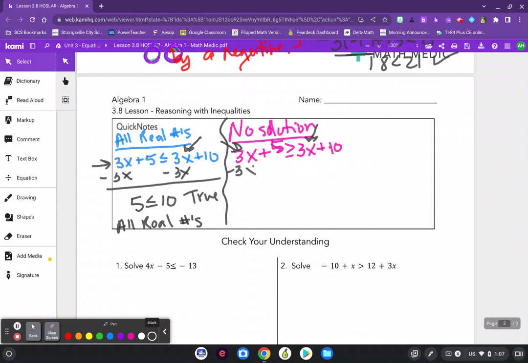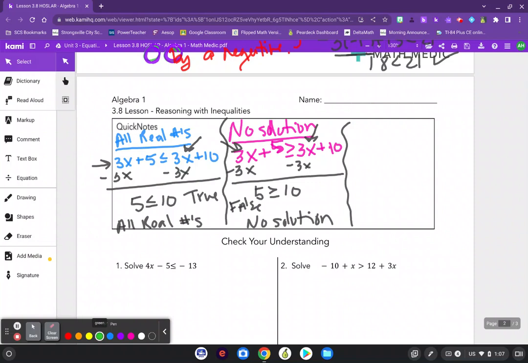So if I subtract 3x to get rid of it, I would have 5 is greater than or equal to 10, and well, that's false. That's not true. And so in that case, there is no value of x that would ever make that inequality true.